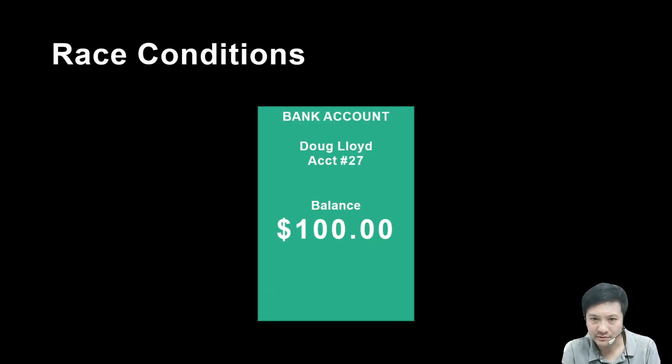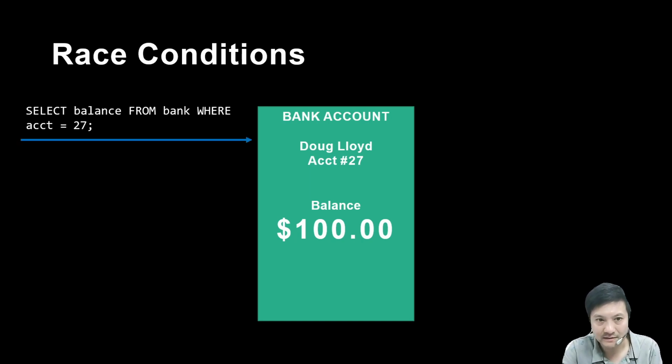Now I want to explain something called a race condition. Since the real world is not just one user, if there is only one user it is okay. But if there are many users using the bank account, someone wants to get bank account 27 and gets a balance of 100.